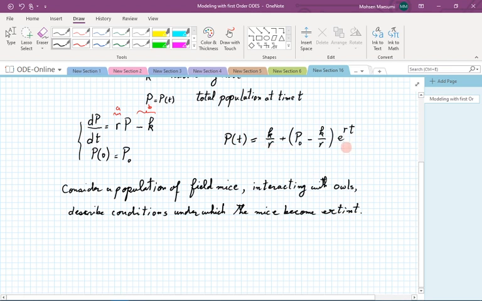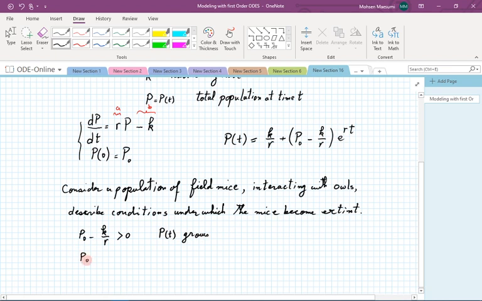So what we are going to do, say if you have P0 minus K over R positive, the population is going to grow and approach large numbers. So we say population grows without bounds. In fact, they are going to grow exponentially. We need not worry about them.